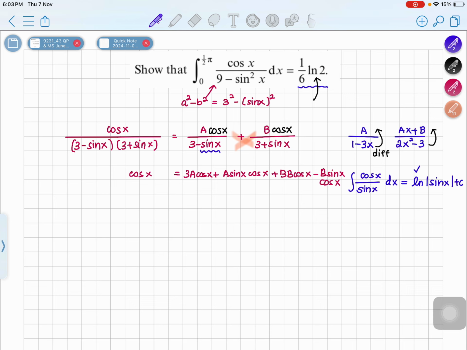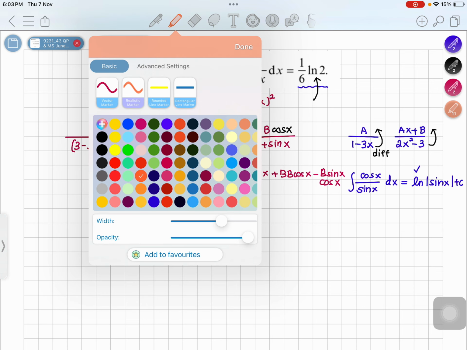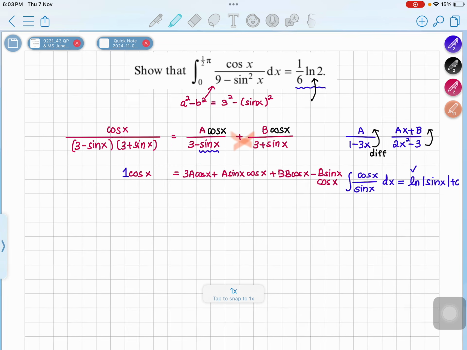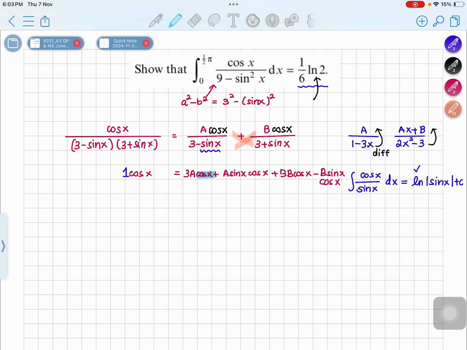So what is the coefficient of cos x on the left? It's a 1. So let's check where I actually get the cos x from on the right hand side. I have a cos x here, and I also have a cos x here, and this is also a cos x.